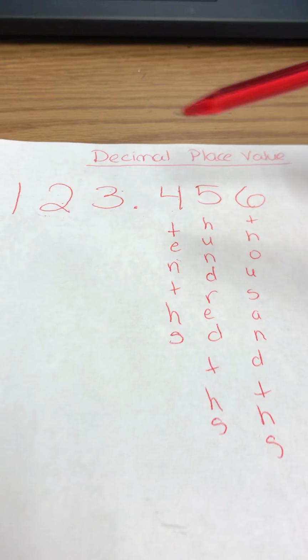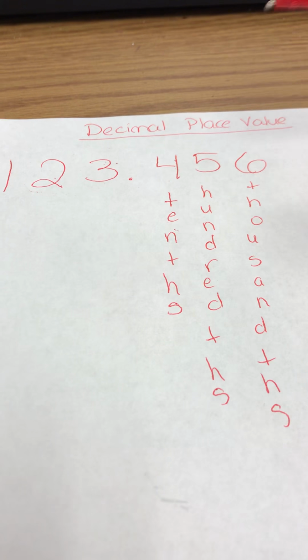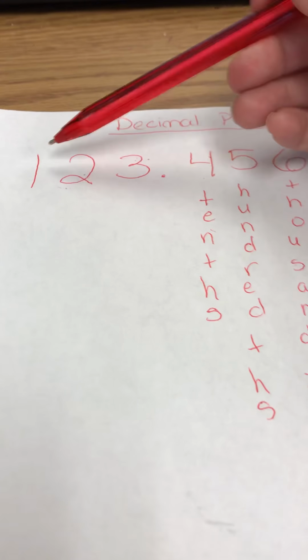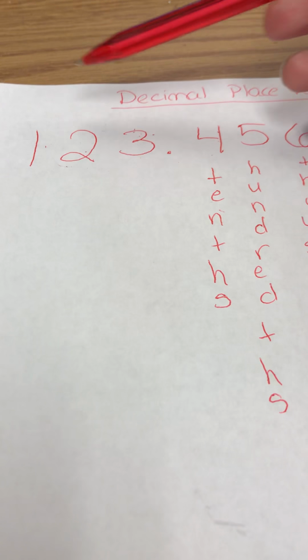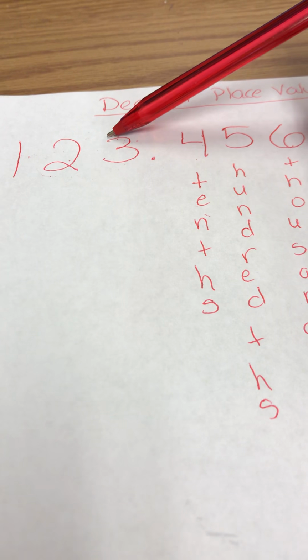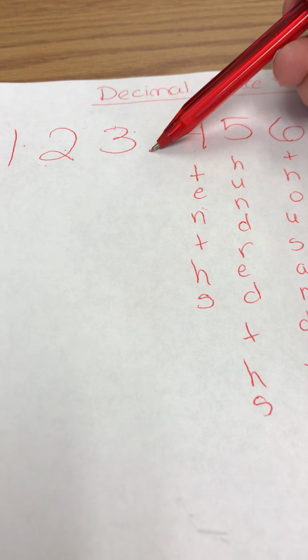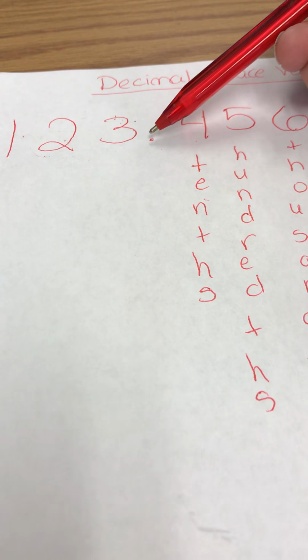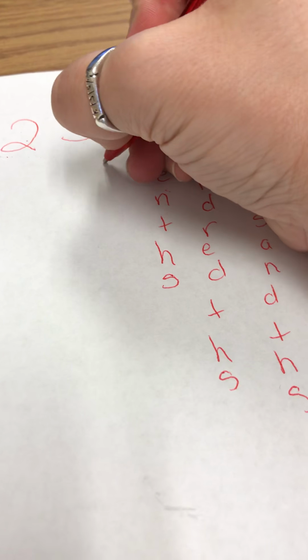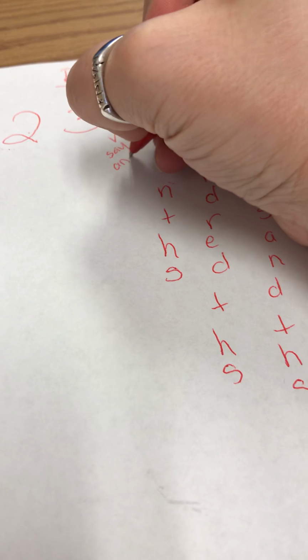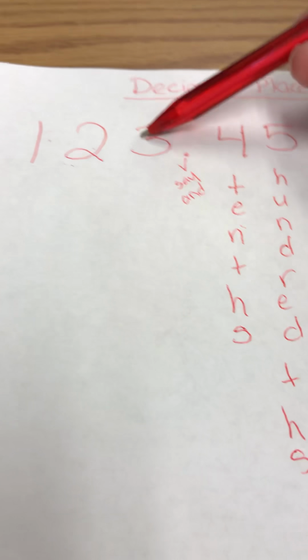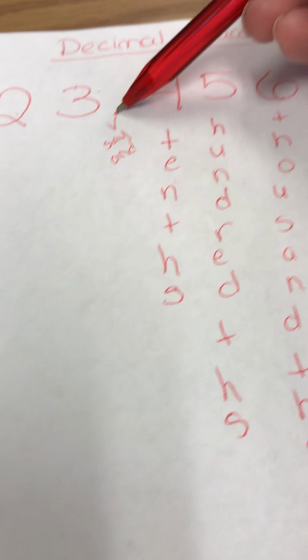Now, if I wanted to say this number in word form, I would first say my whole number, just as I always would have said it, 123. When you come to a decimal point, we never want to say decimal, we never want to say point. When you come to the decimal point, you say and. So we say 123 and.